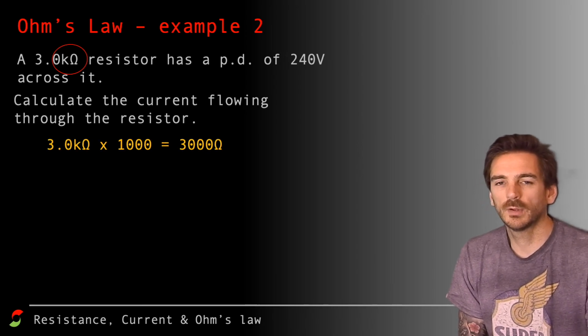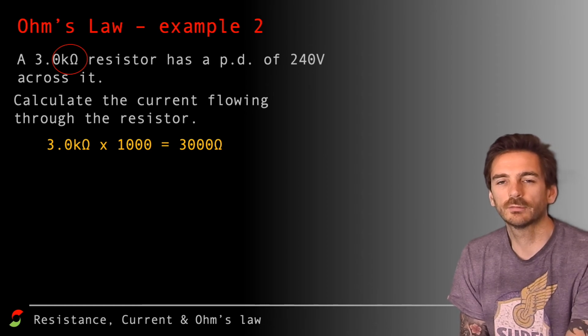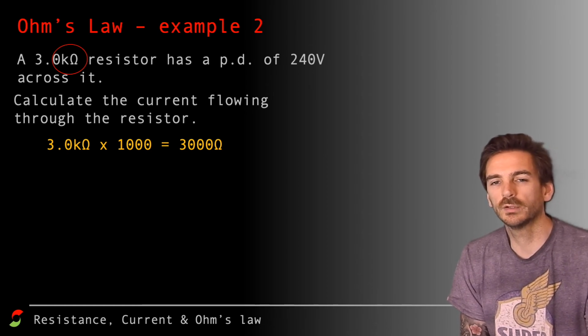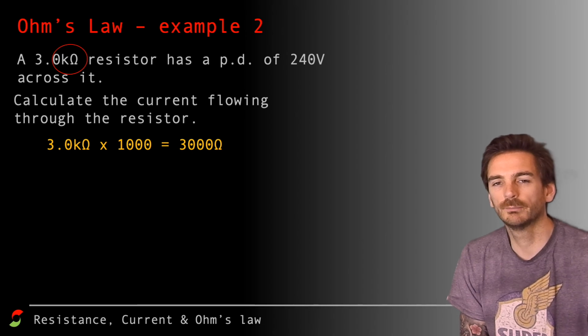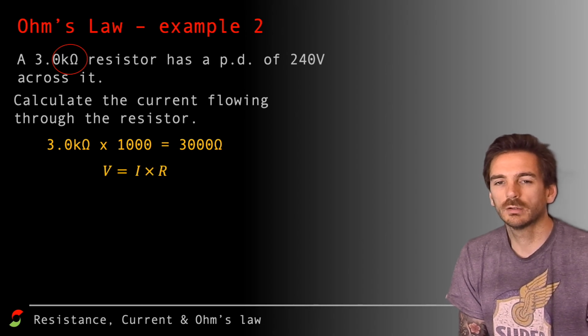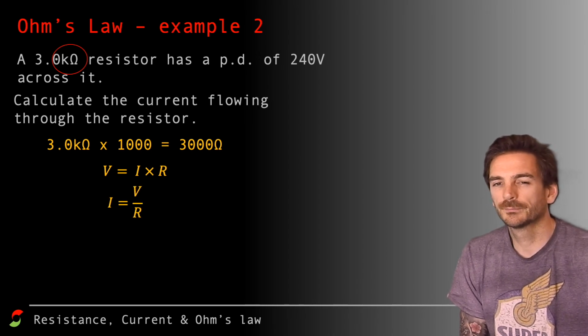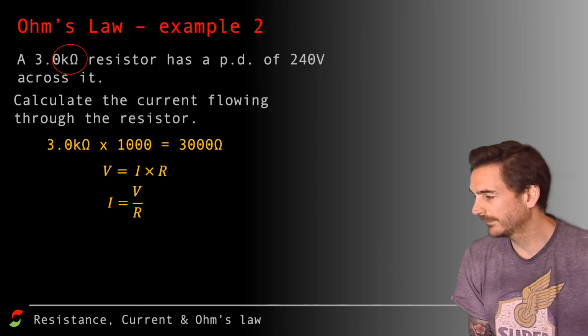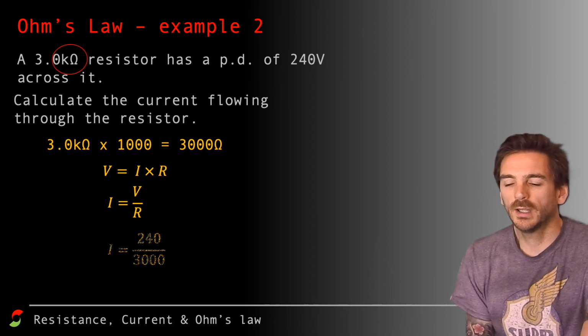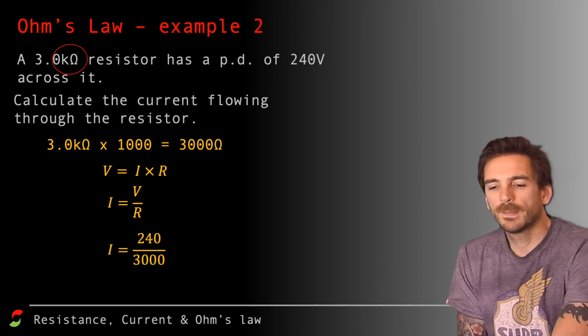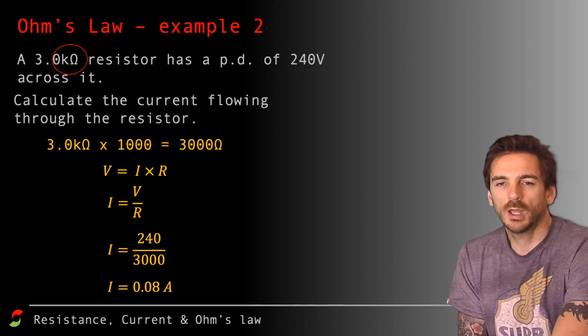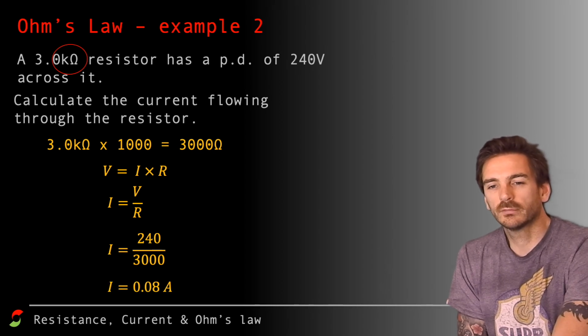And we do that by multiplying it by 1000, so 3 kilo ohms is going to be 3000 ohms before we do any sort of calculation. Now we can write our equation down, but we need to rearrange it. So I is V over R. And we can substitute in, and we get an answer, and make sure that we're quoting the units as well.